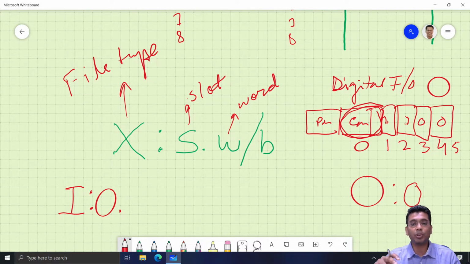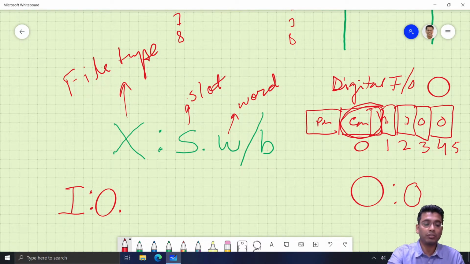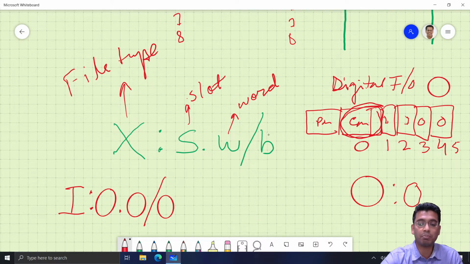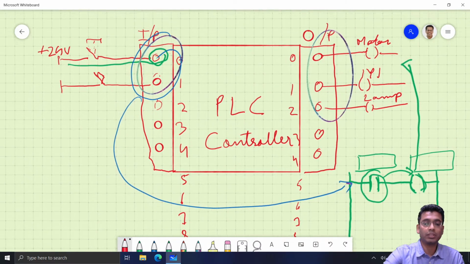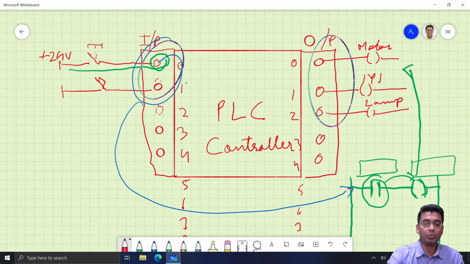So if your PLC is a 16-bit PLC, the first 16 digital inputs would all be fitted into a single word, and that word would be 0, and then /0. This last B is your bit value, and that bit value is shown here: 0, 1, 2, 3, 0, 1, 2, 3, 4, 5, 6, 7.